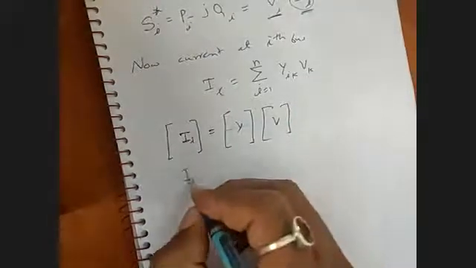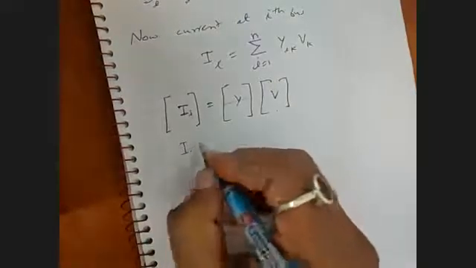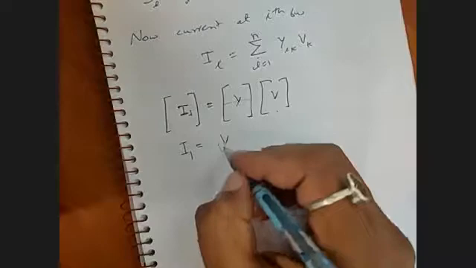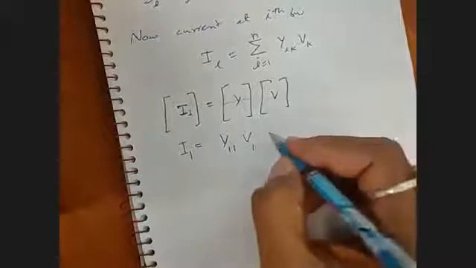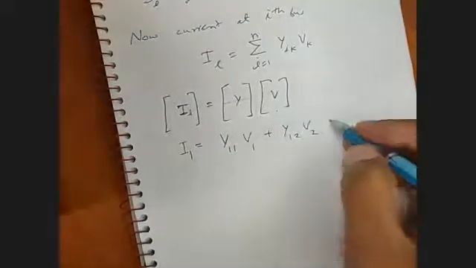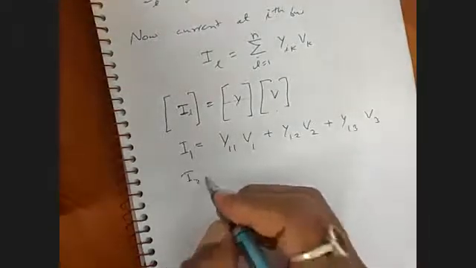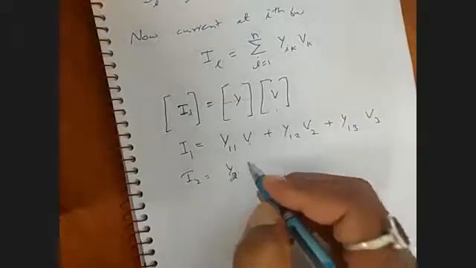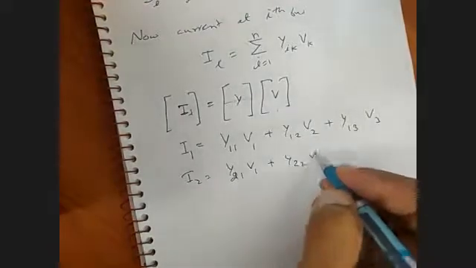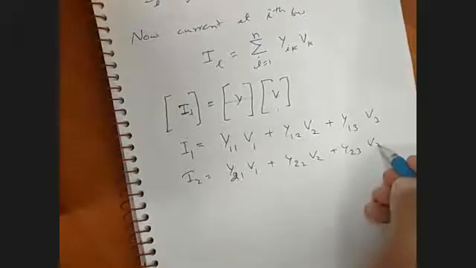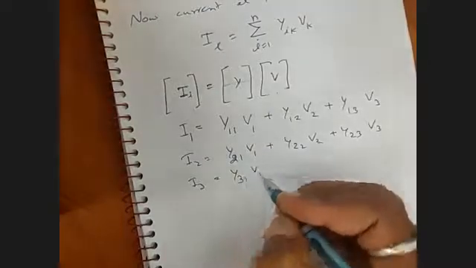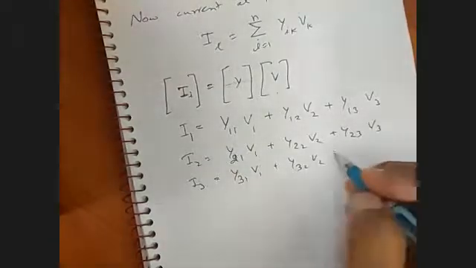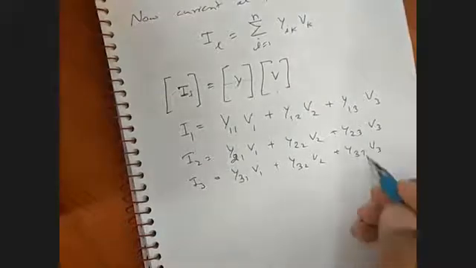That means if we have a 3 bus system, then I1 equal to Y11 V1 plus Y12 V2 plus Y13 V3, and I2 equal to Y21 V1 plus Y22 V2 plus Y23 V3, and similarly I3 equal to Y31 V1 plus Y32 V2 plus Y33 V3.